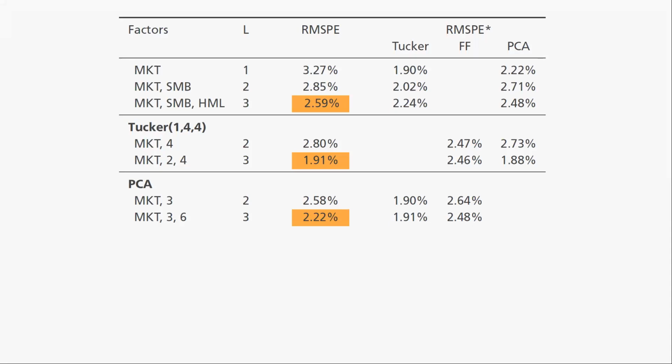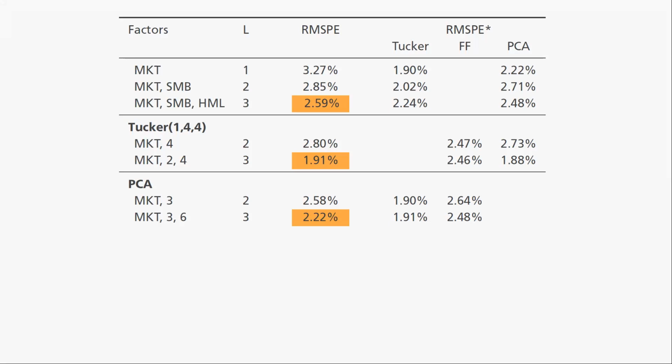So let's focus on models with three factors. The root mean square pricing error is 2.6%. With the Tucker factors, it's 1.91%. And for the PCA factors, it's 2.22%. These are in-sample factors. I'll show you the out-of-sample in a second.